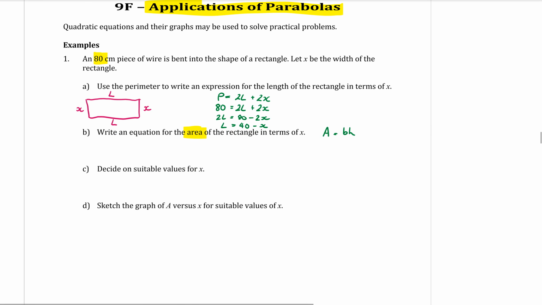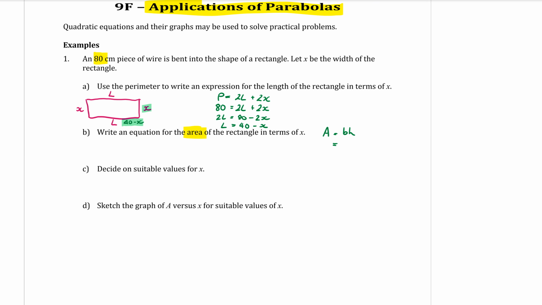Now the base of my rectangle is L and my height is the x, but I actually don't want to use L for my length because I've just worked out that L is equal to 40 minus x. So I'm going to use my base and my height as those two that I've just highlighted there. I want to times those together.